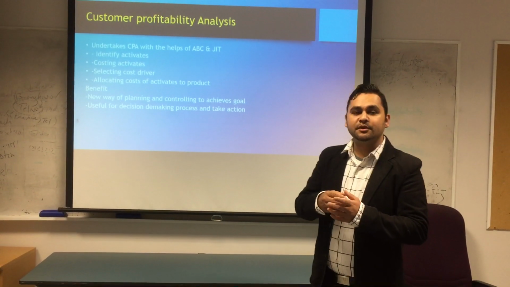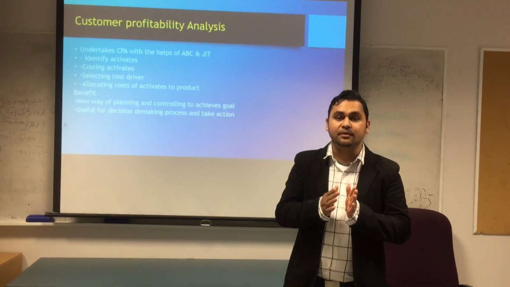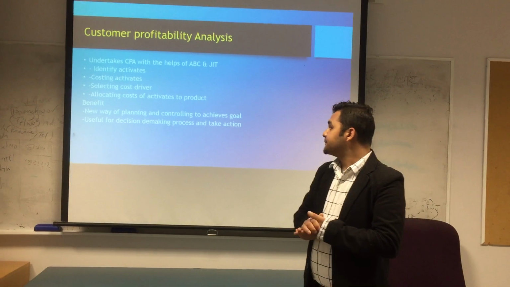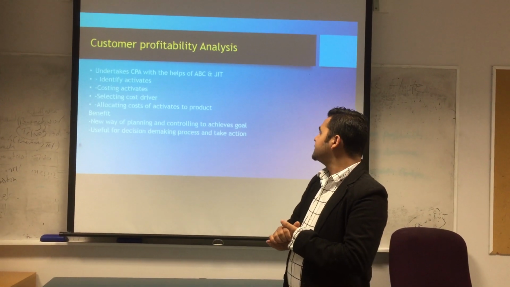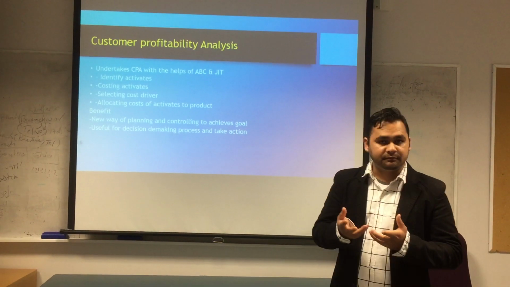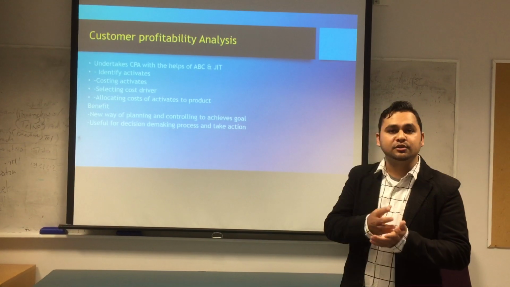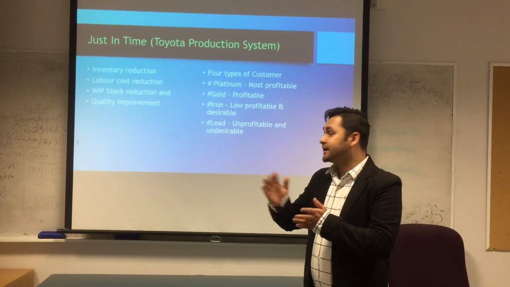When the customer asks you to make something, then they make it. This is the system that our bakery uses in its company. Some of the benefits of using ABC is it gives a new way of planning and controlling. So they can control their costs and they can control all their products as well.